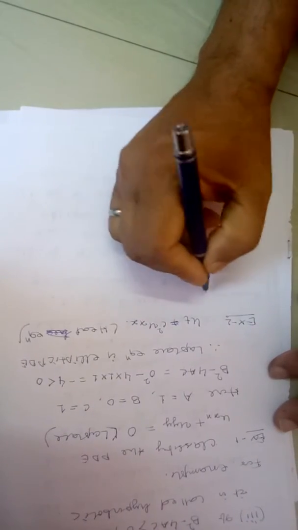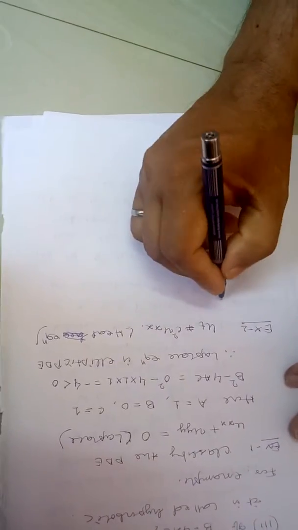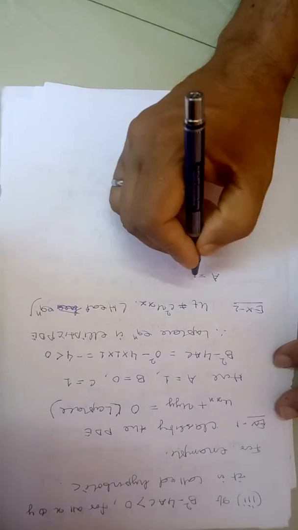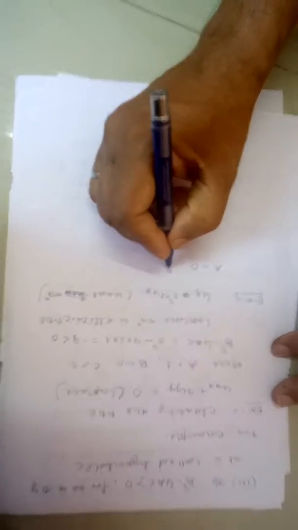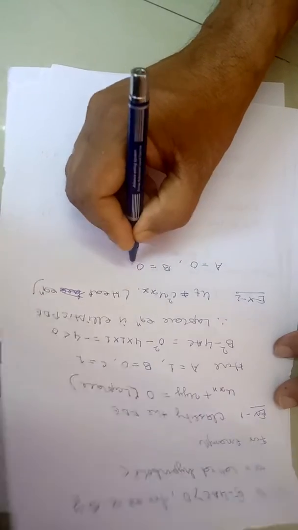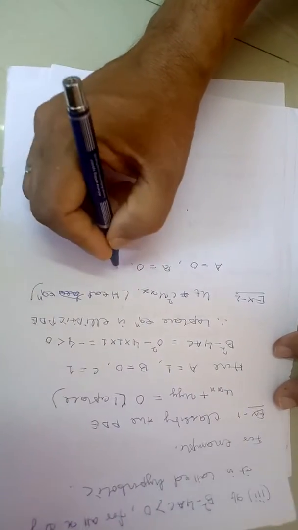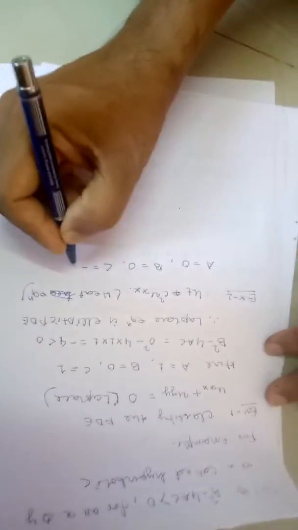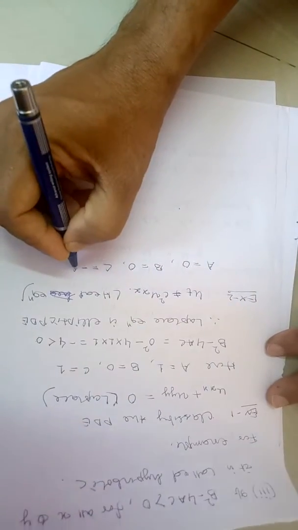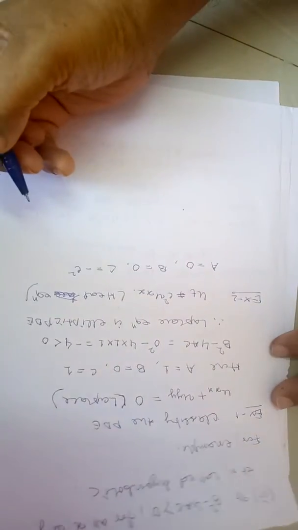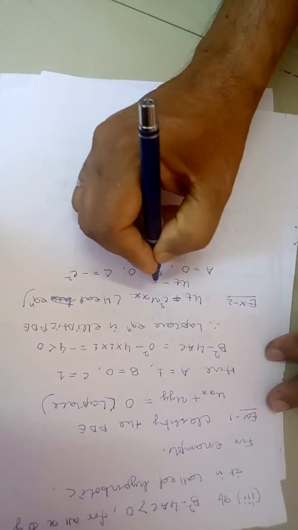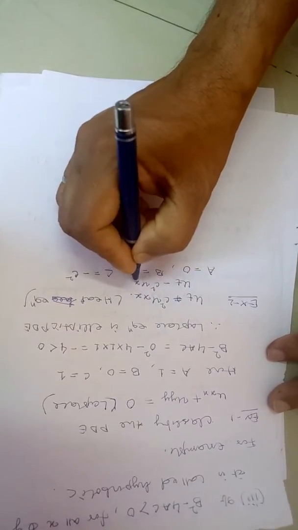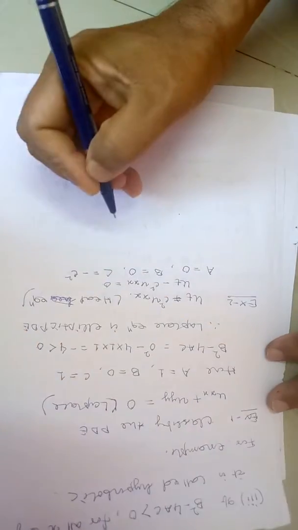So now if we find the coefficients here, we will find that a equal to 0, b equal to 0, and c equal to minus c square. You can write this one as ut minus c square uxx equal to 0.